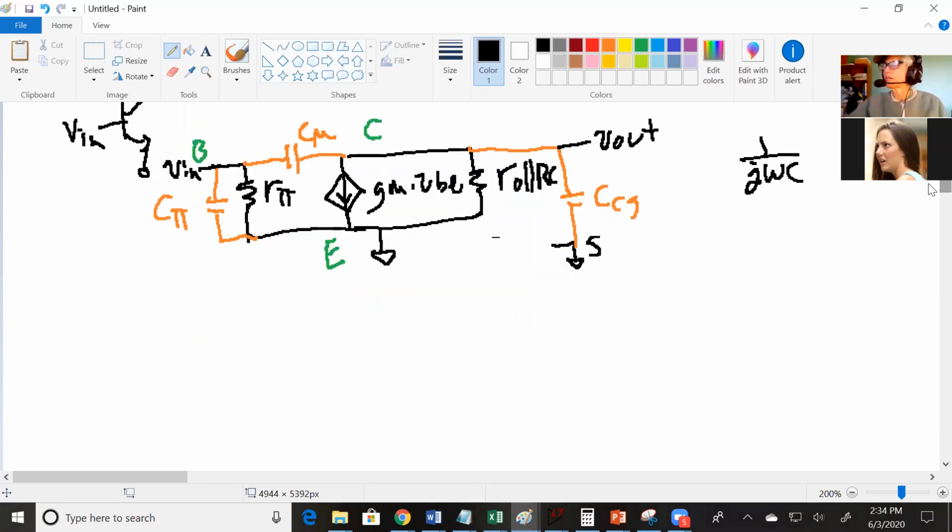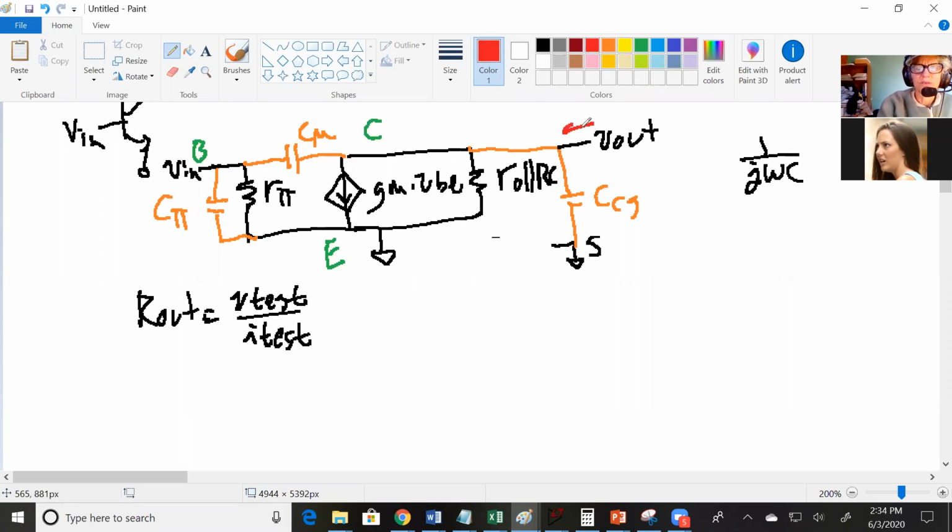So let's find the gain. Let's see which one I need to do first. R out. Okay, R out. And we know R out equals V test over I test with the current going in, and V out is just V test.